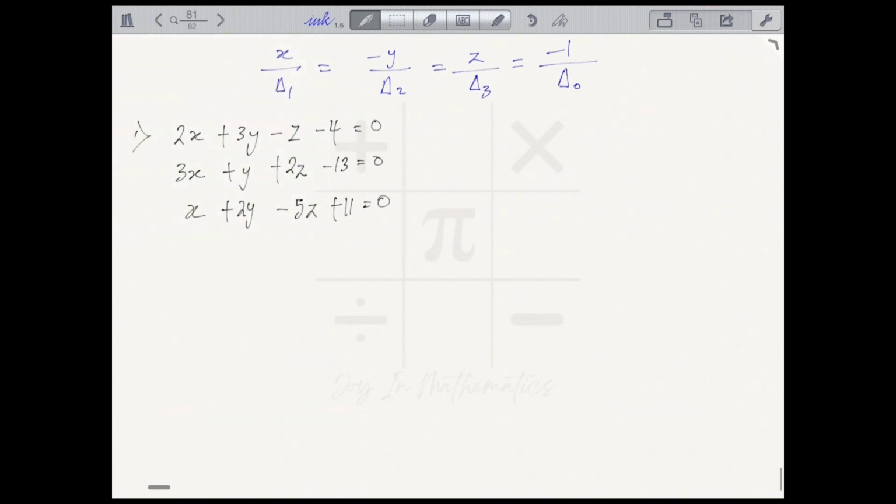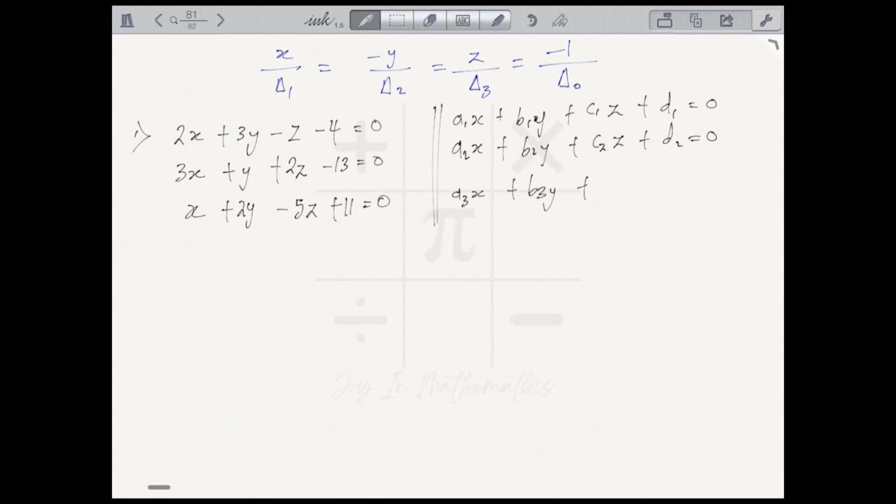For example 1, all we have to do, like we did earlier, is find the corresponding terms of a1x plus b1y plus c1z plus d1 is equal to 0, and we have a2x plus b2y plus c2z plus d2 is equal to 0, and a3x plus b3y plus c3z plus d3 is equal to 0.